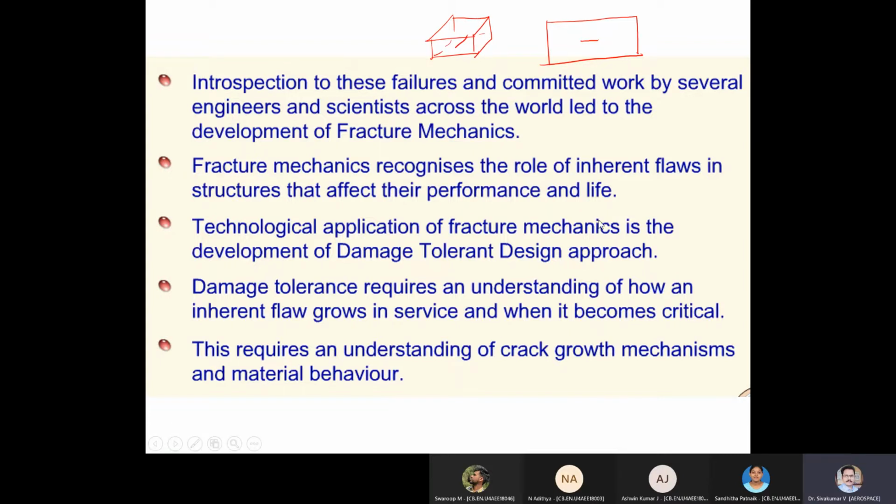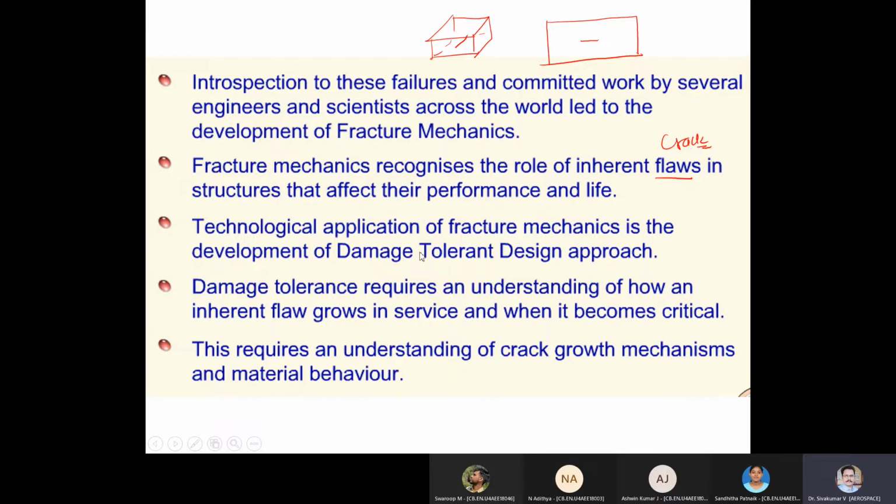Flaws basically means a crack. So those inherent flaws are the main reason affecting the structure's performance and life.